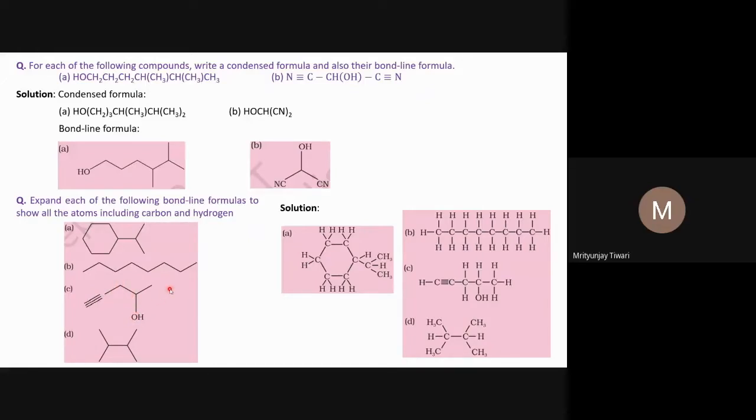So what are the heteroatoms? Again, I'll explain. Other than carbon and hydrogen, whatever atoms are there in an organic compound, we call such atoms heteroatoms. And these atoms, we know, are mostly non-metallic elements. For example, we know halogens: chlorine, bromine, iodine, oxygen, sulfur.